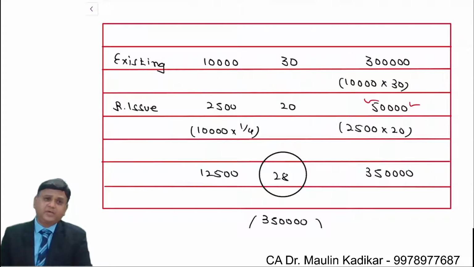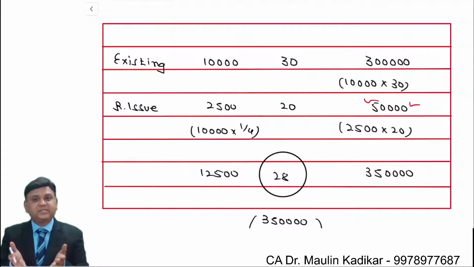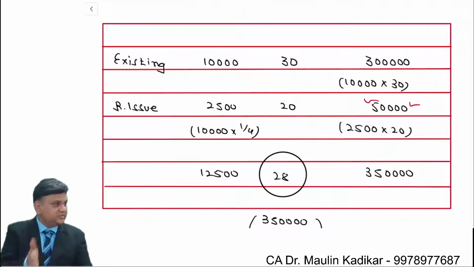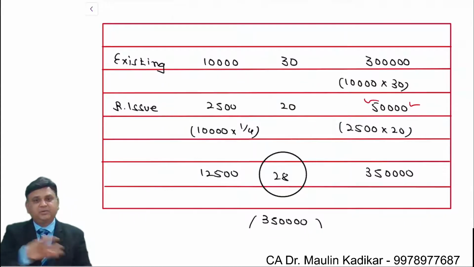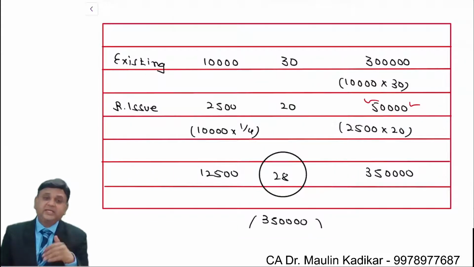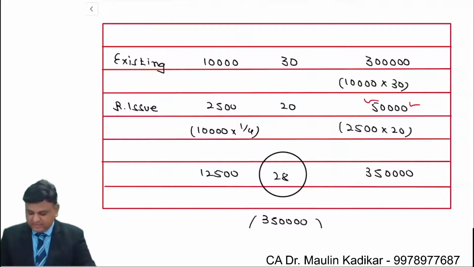If we had been provided with the information, and generally it would be the case that we are going to invest this 50,000 rupees in the business, and the business will generate some amount of cash flow for us. So that present value of the cash inflow is supposed to be added to calculate the value of the firm and not the absolute amount. Over here we are adding the absolute amount because the question is silent about how this 50,000 is going to be used. Okay? Please write an answer.